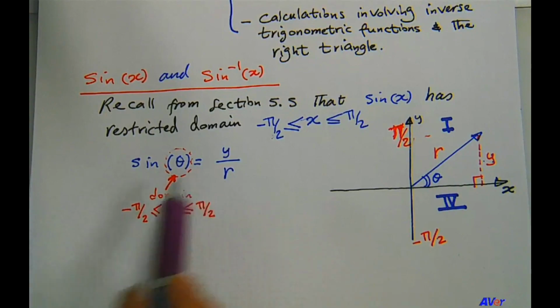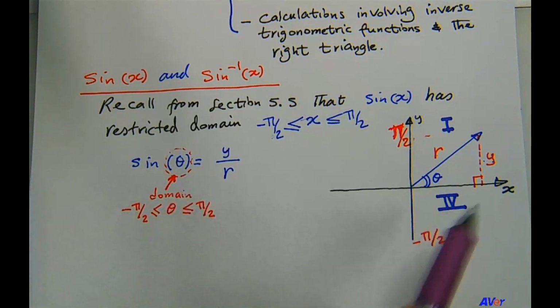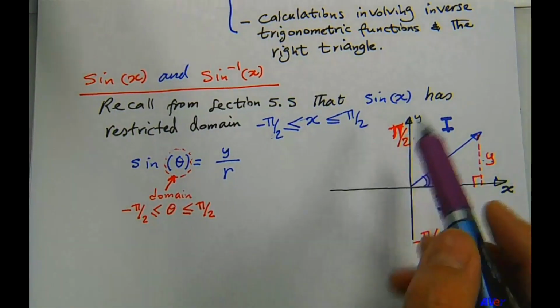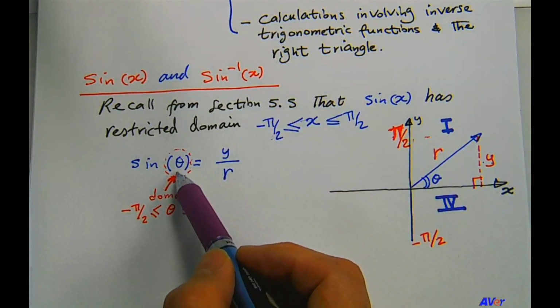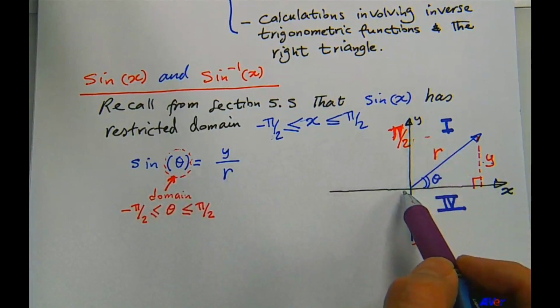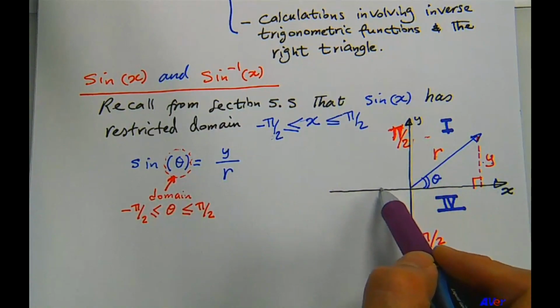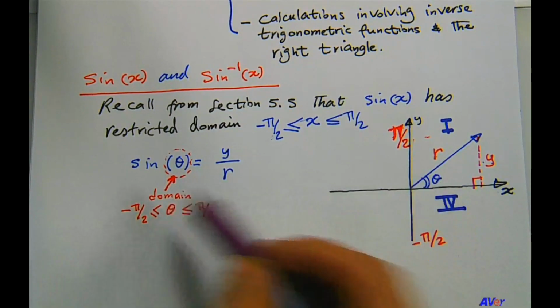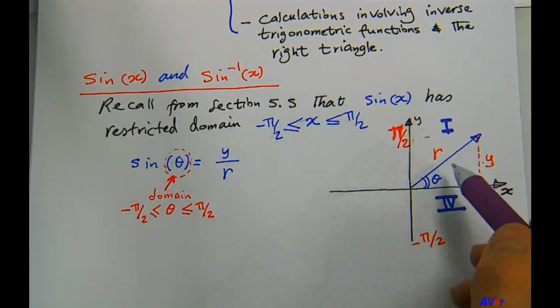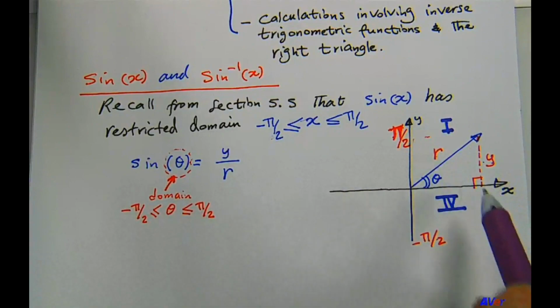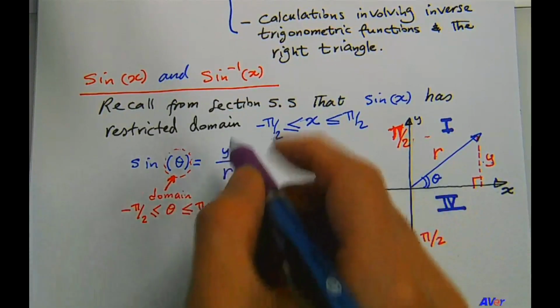Okay, and then I'm thinking ahead with respect to this. Just wait a second, because this theta now is the domain. So negative pi over 2 is here, and pi over 2 is here. But in a second, we will get to the inverse sine function, where the roles of the domain and range are swapped.